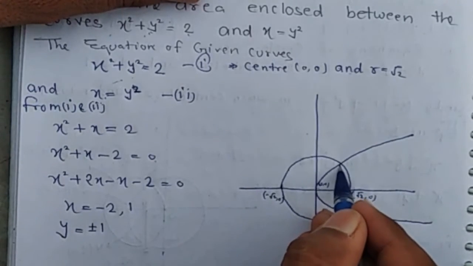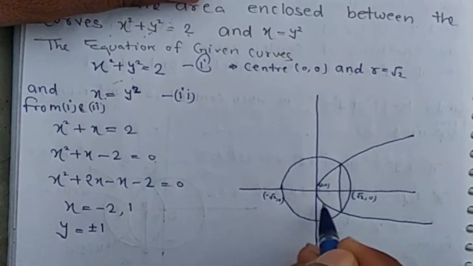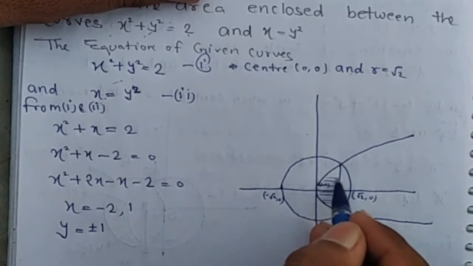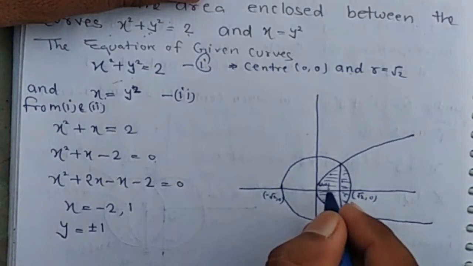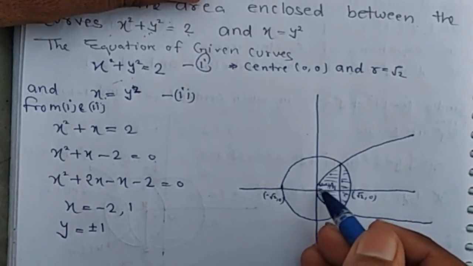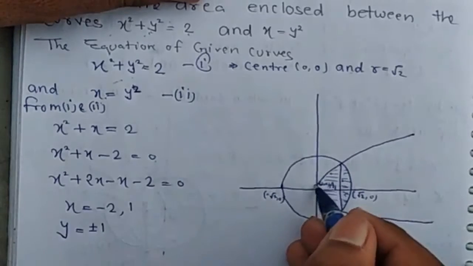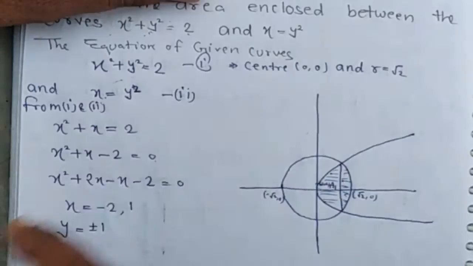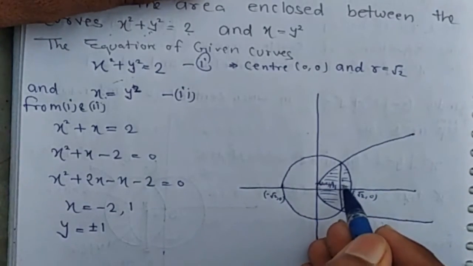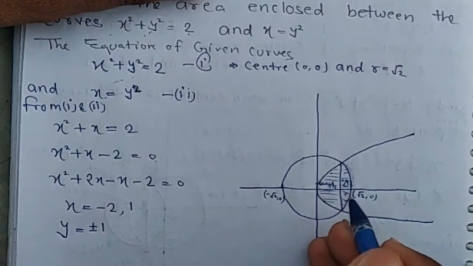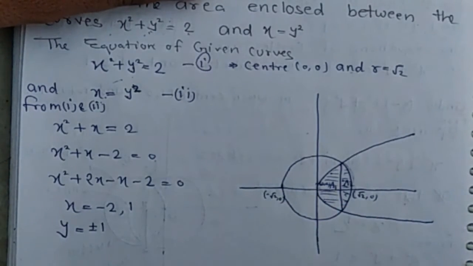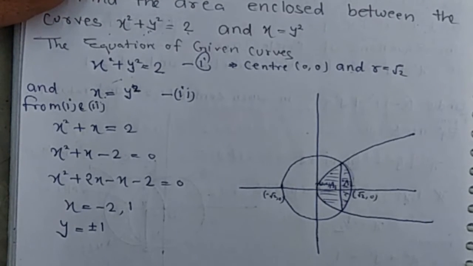It is a parabola, and we have to find this region and this region. Region A1 is formed by the curve y square equal x and region A2 is formed by the circle x square plus y square equal 2.